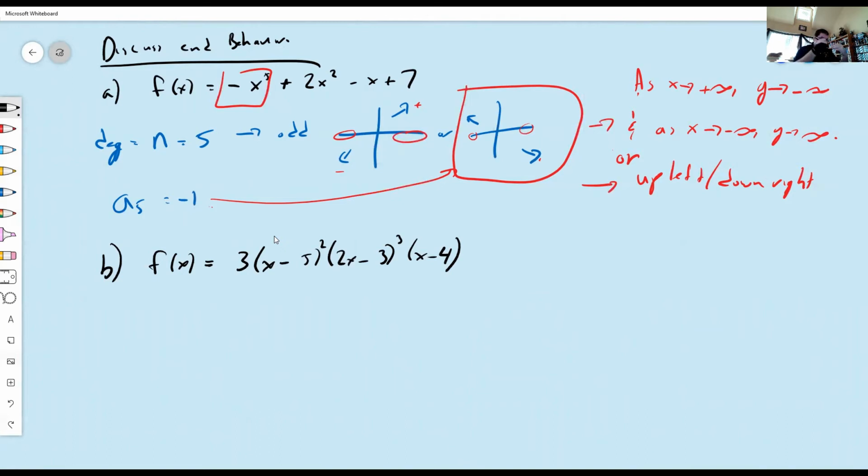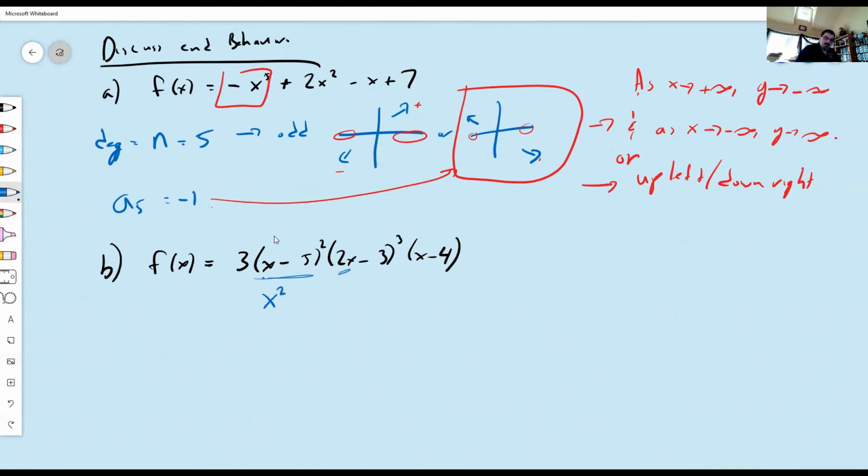One option is to multiply this big old nasty thing out and find all the terms. I'm not going to do that because that hurts my brain. Here's what I know: if you multiply it out, x minus 5 times x minus 5, you end up with the highest power of x squared. So all we need to do to find the highest term of each of these things is find the highest degree within the parentheses. So x is the highest degree, then squared. So I got x squared here.